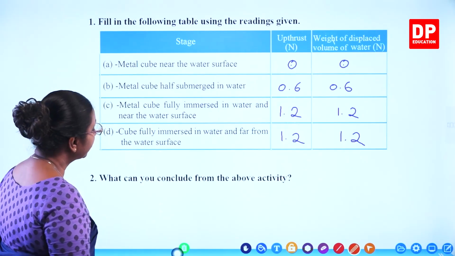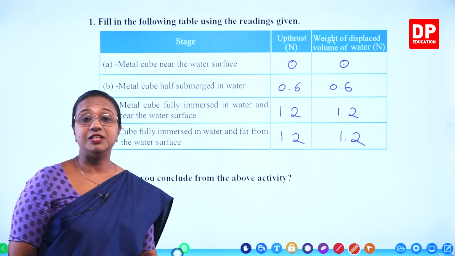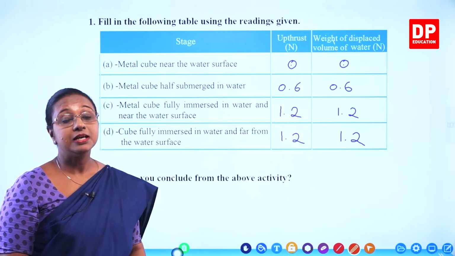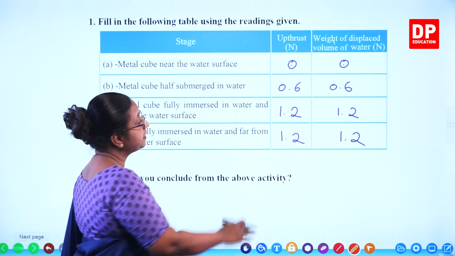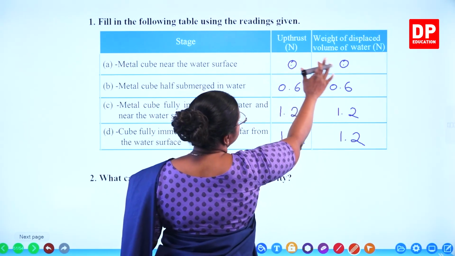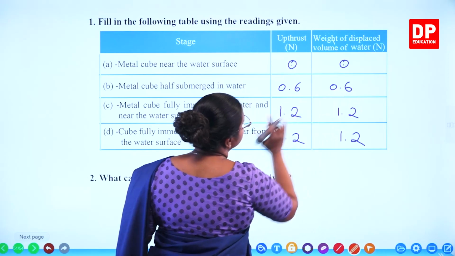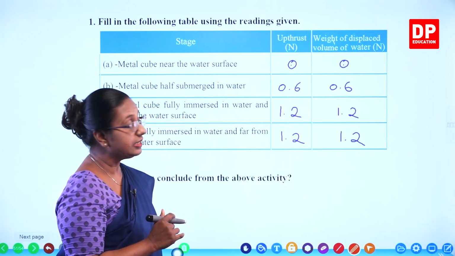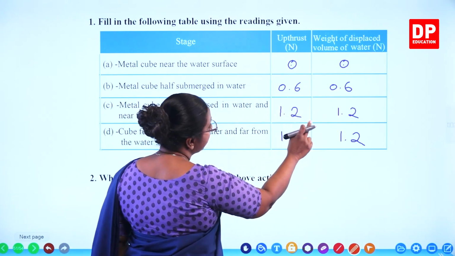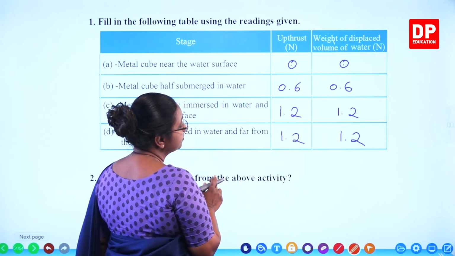Then, what can you conclude from the above activity? From these observations, upthrust and weight 0, 0. 0.6 upthrust, 0.6 weight of water displaced. Upthrust 1.2, weight of water displaced 1.2.